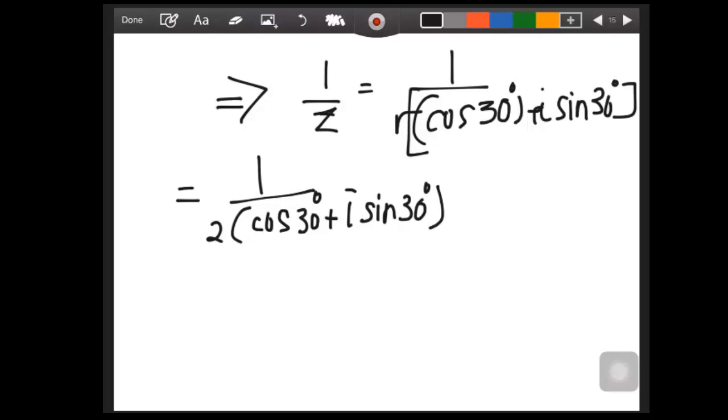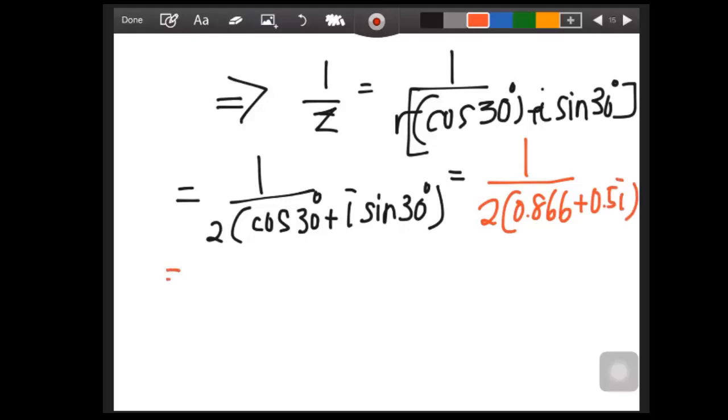And sin 30 dapat berapa? Okay, so yang ini kalau kita tukar ke dalam value, so kita akan dapat 1 over 2. Kat sini kita akan dapat 0.866 plus dengan 0.5i.